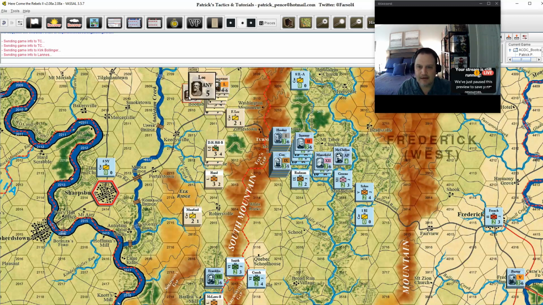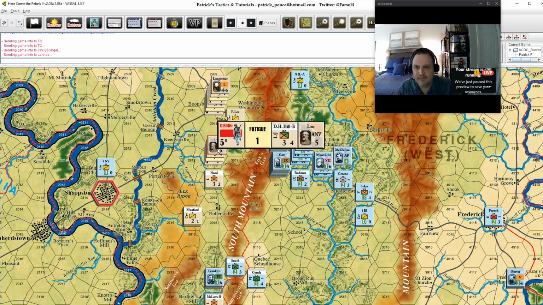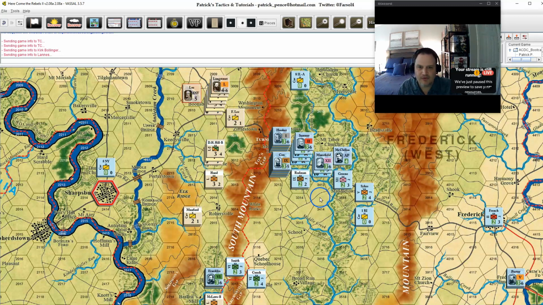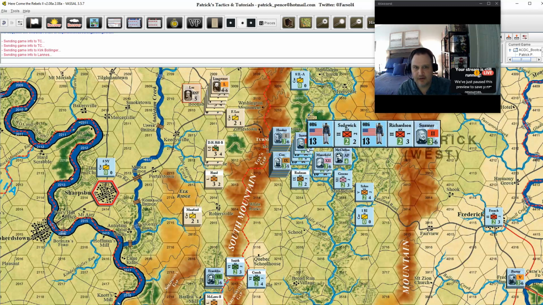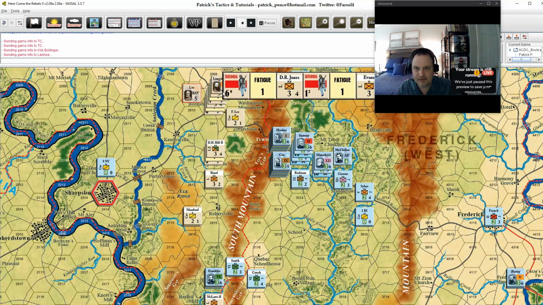And an army leader could be off with a specific division by himself, but most often, you will see him stacked with a corps commander. It's, again, not a hard and fast rule, but there are benefits to doing that, which we'll talk about a little later. And the leadership for the corps commanders is very similar, except now we have two numbers. The first number is their tactical rating. And we can see Longstreet has a 4, so he's got a pretty high tactical rating.